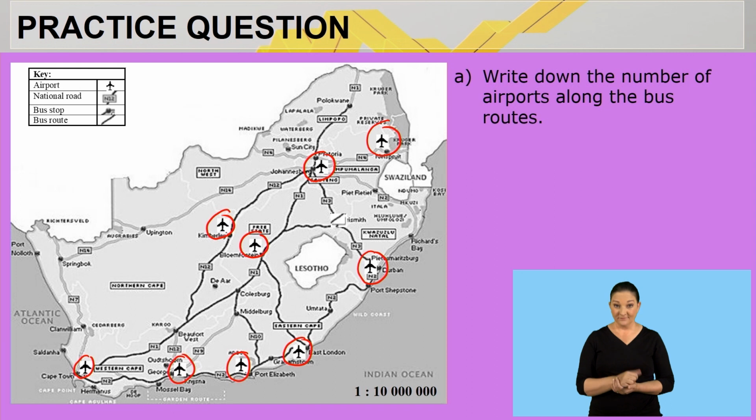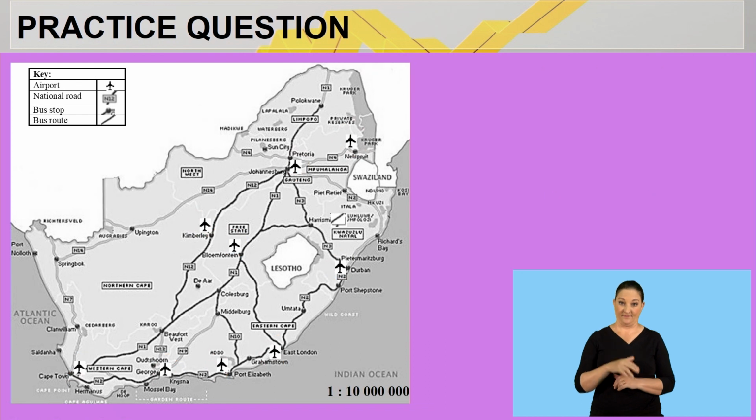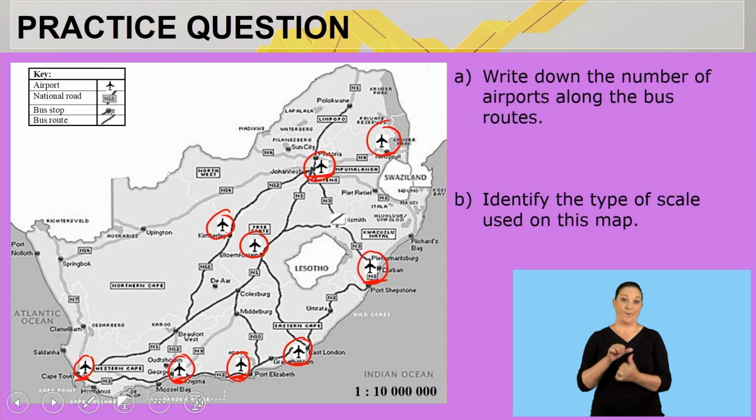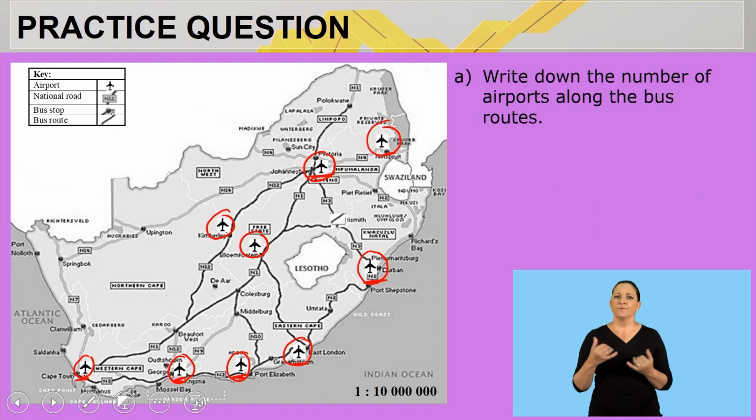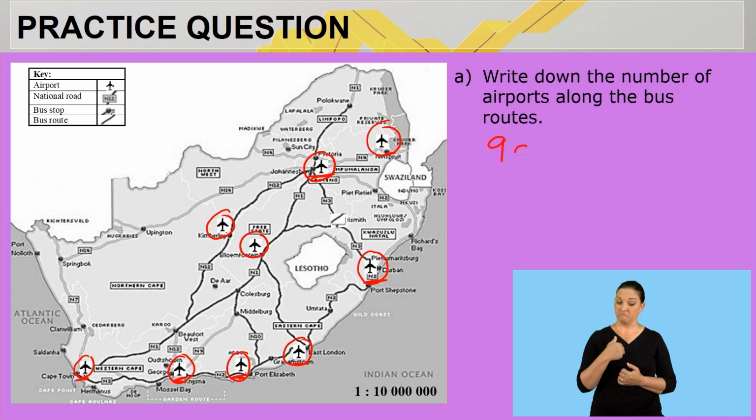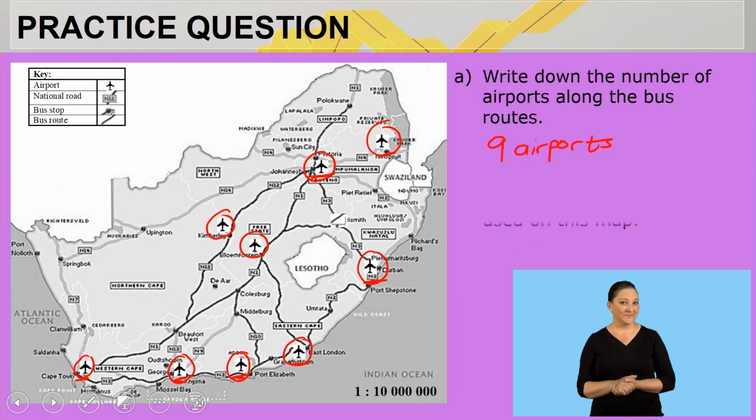Guys, I want you to double check with me. So it's 1 here, 2, 3, 4, 5, 6, 7, 8, and 9. Therefore, we have 9 airports along the bus routes. Guys, is that clear to all of us? We counted 9 airports.